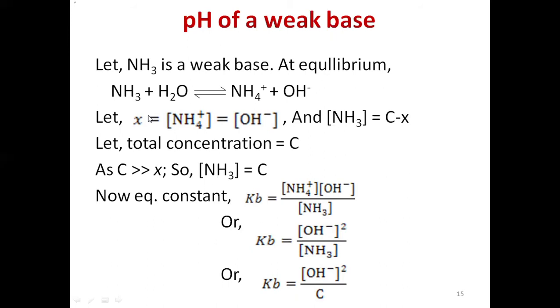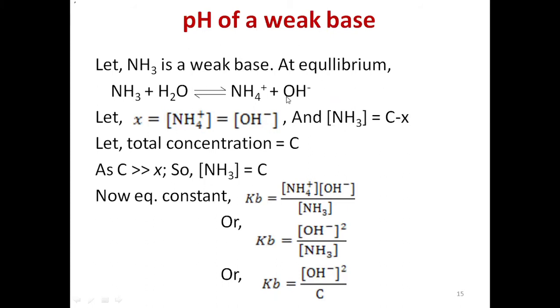Let's repeat again. If ammonia reacts with water, then it will produce ammonium ion and hydroxyl ion. So when one ammonium ion is produced, at the same time one hydroxyl ion will also be produced simultaneously. You understand? That means in the solution there will be an equal amount of ammonium ion and hydroxyl ion.